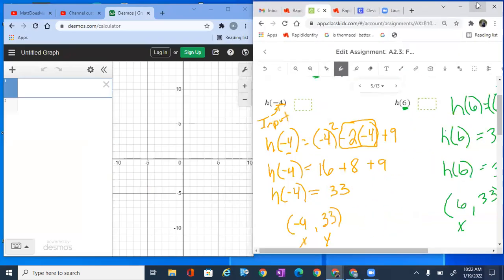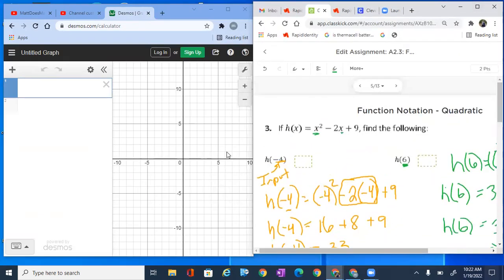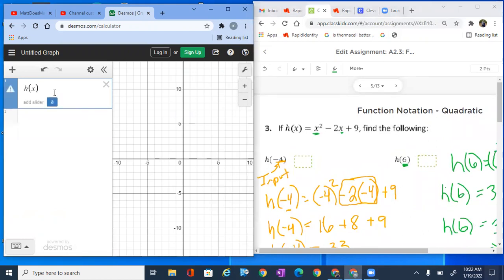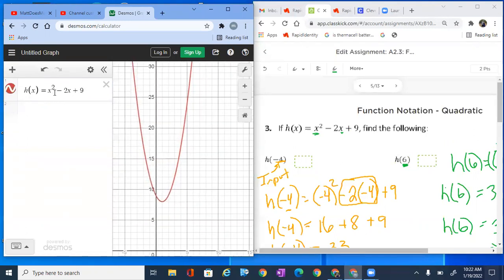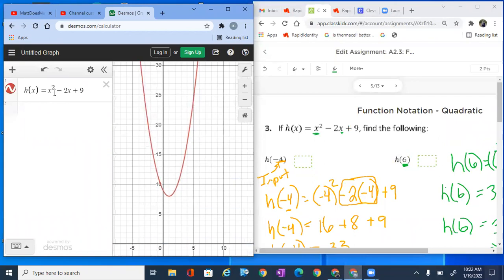Let's check out how we can do this with some help of some technology today. So the first thing I'm going to do is type in our function, h of x equals x squared minus 2x plus 9. And I'm going to try to center that as best as we possibly can.